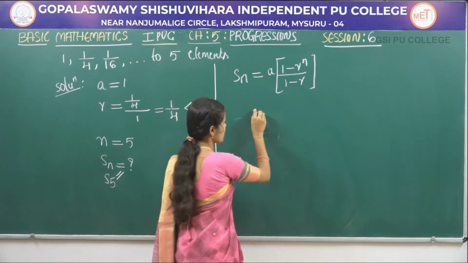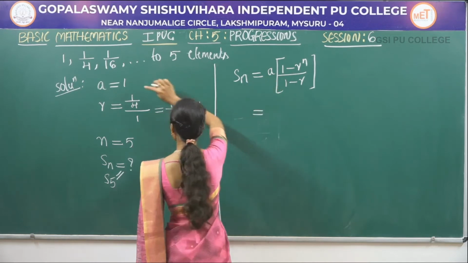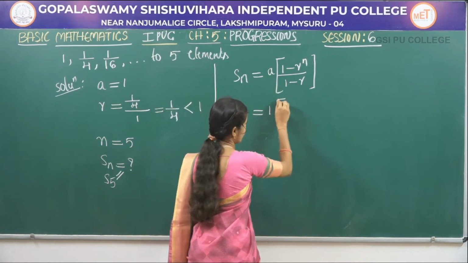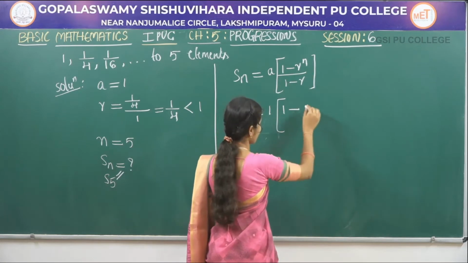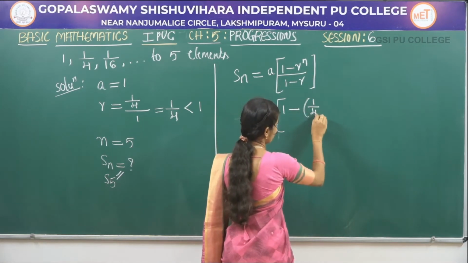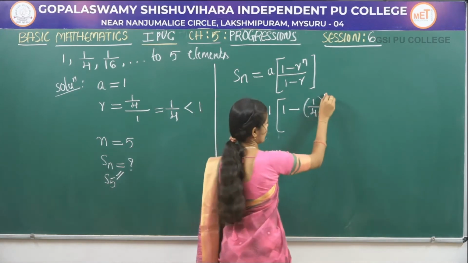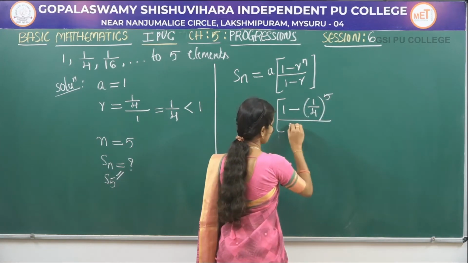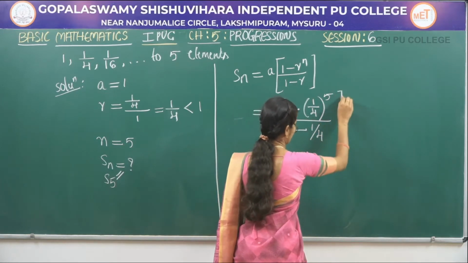So now substitute the values of a, r and n. a means 1. 1 into 1 minus r, which is 1 by 4, to the power of n, which is 5, divided by 1 minus r, which is 1 by 4.